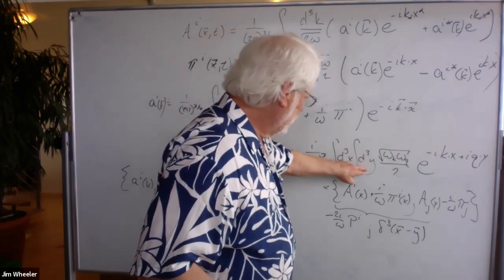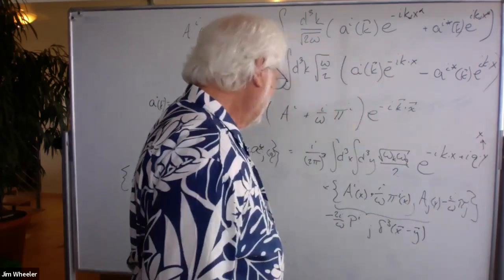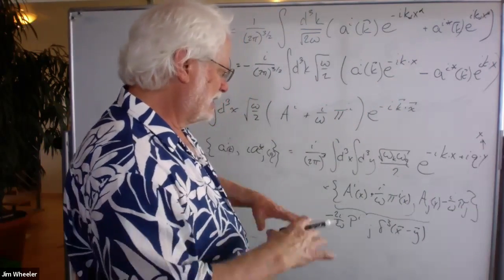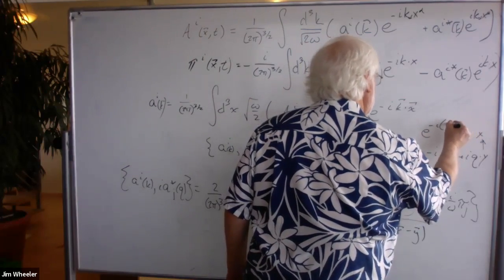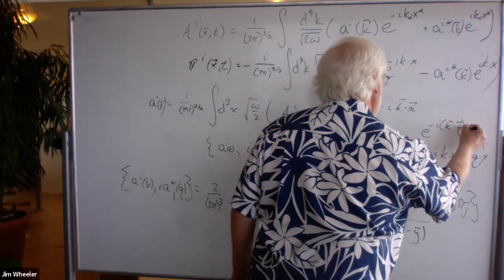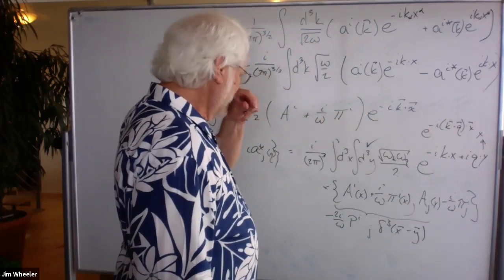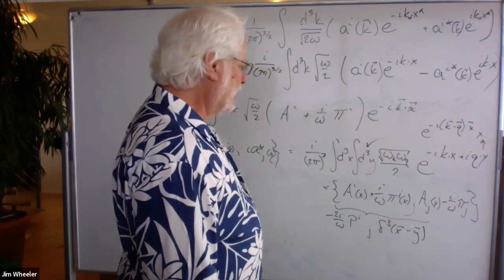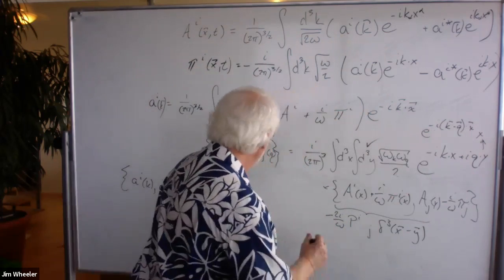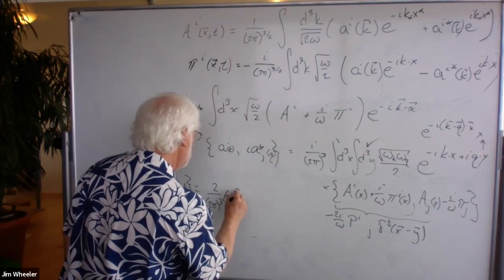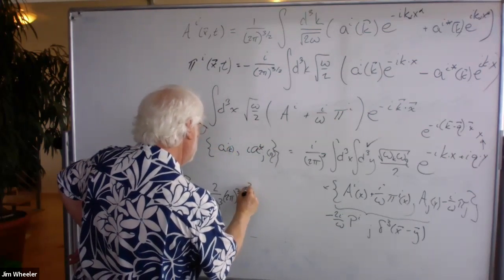If we integrate y, it's going to change this y to an x, and that's then the only y dependence. So now we have e to the minus I k minus q dot x, and we've done the y integration. Okay, and then integrating that, we get another delta function. We get a 2 pi cubed. The x integral gives a delta function in k minus q.